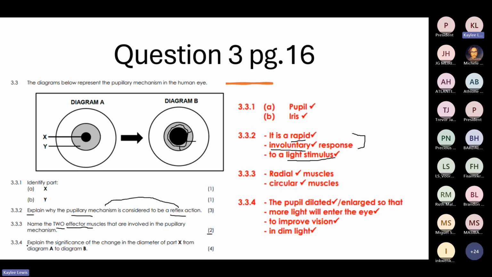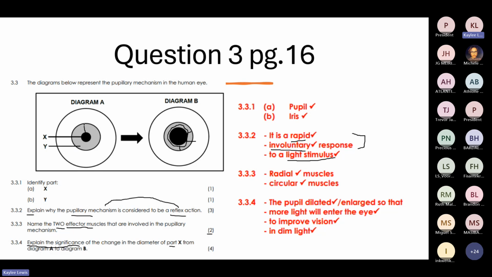3.3.4 says, again, it's an explain: the significance of a change in diameter of part X from diagram A to diagram B. So the significance is the importance. So why is it important for the pupil diameter to go from a small one to a big one?